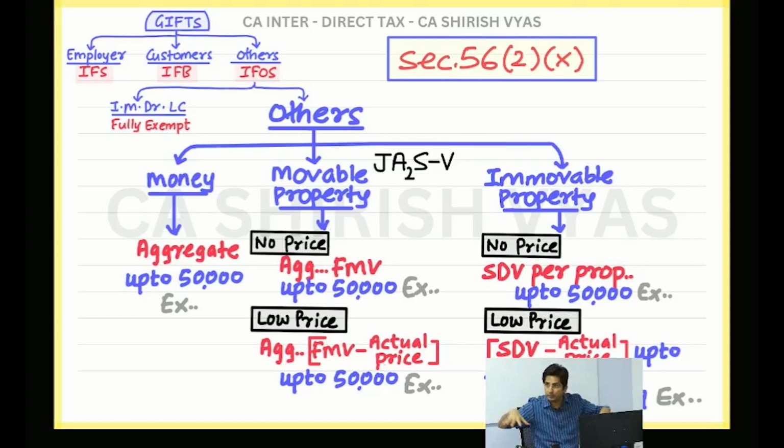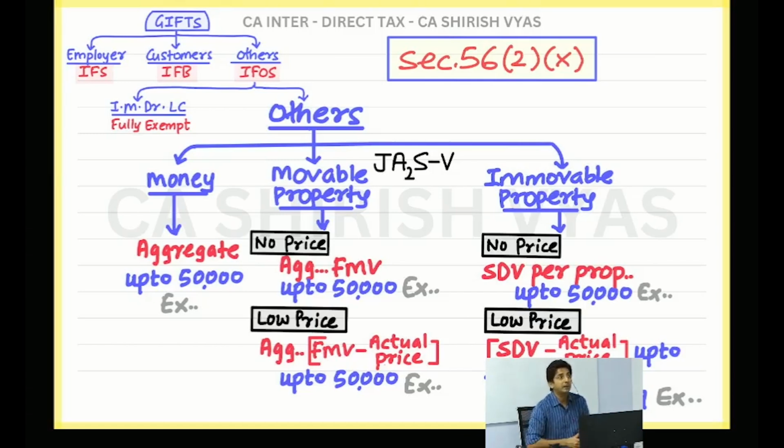Imagine I am a jeweler and I got some silver earrings and bangles free. Then also it is normal. Why? Because my suppliers keep giving me free samples. If you do business, your supplier gives free samples, because if I like that free sample, I will order more from my supplier.